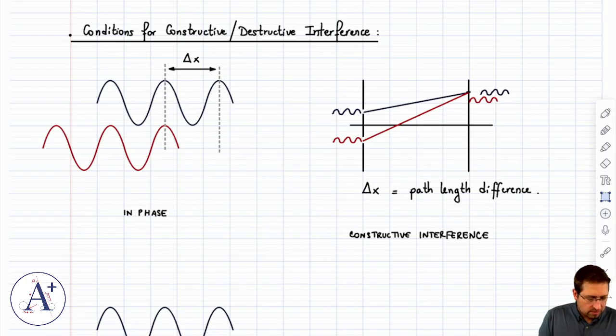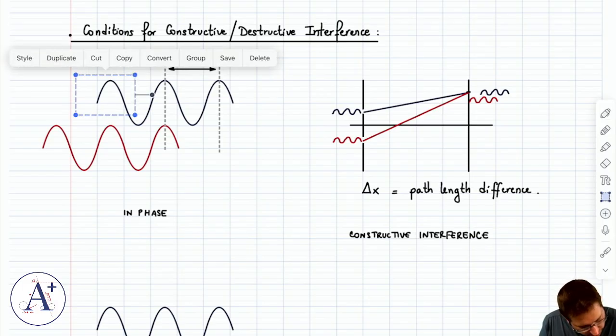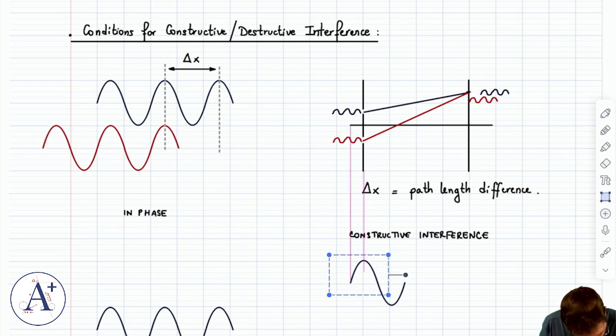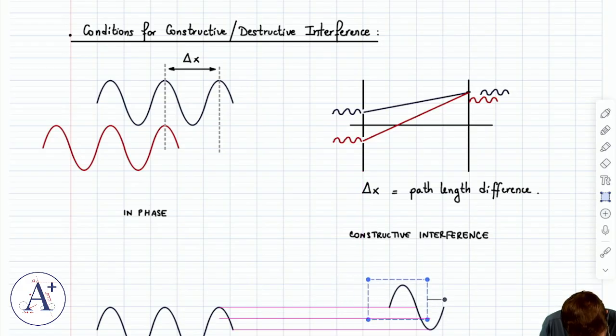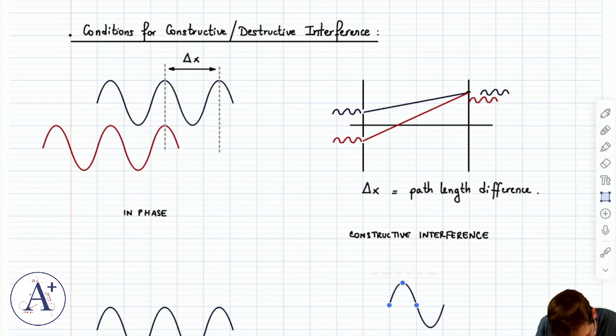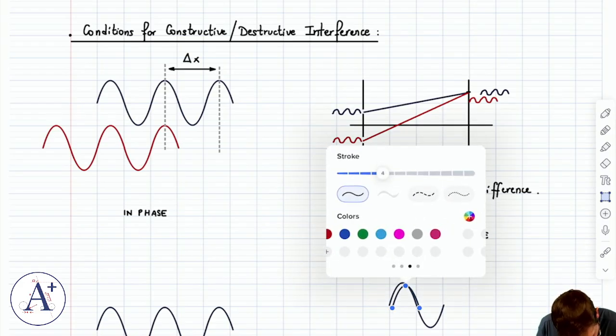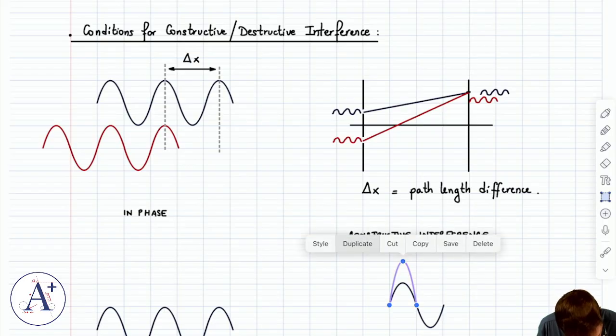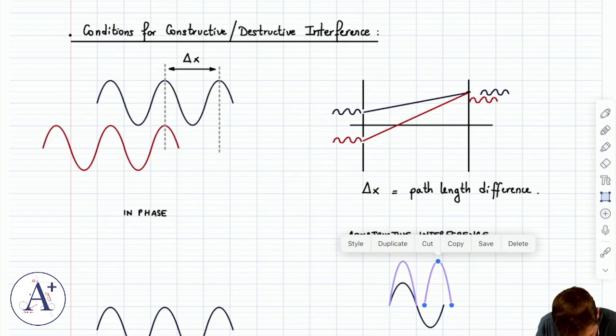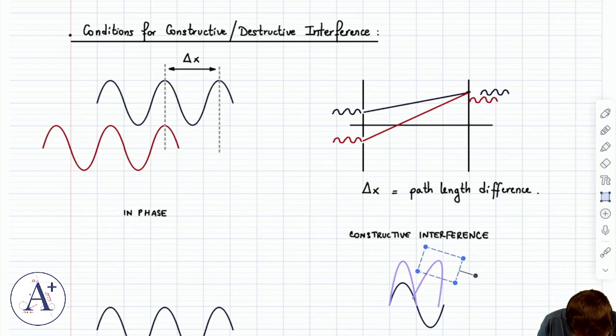Now, what does that look like if you were to look at the form of the wave? Well, you would have a wave, maybe it starts out like this, right? Let me do it here. Okay, and now I'll change colors just for clarity. Now you get a wave that has the same frequency but has double the amplitude, because you have two waves that have combined into one and they have the same frequency, but their amplitudes are going to add.